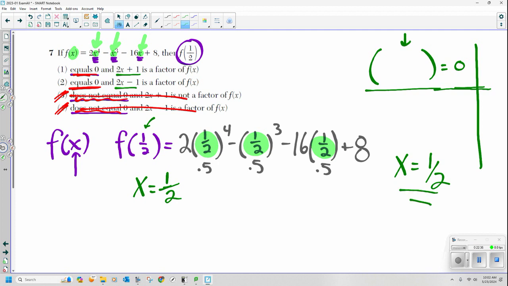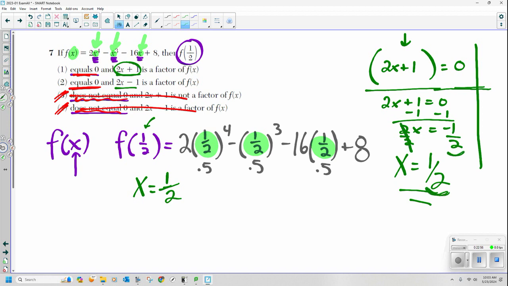Well, let's try 2x plus 1. If I say 2x plus 1 equals 0, I start by subtracting 1, then divide by 2, well, that's negative 1/2. It's not positive 1/2. So it's not choice 1, it's choice 2.